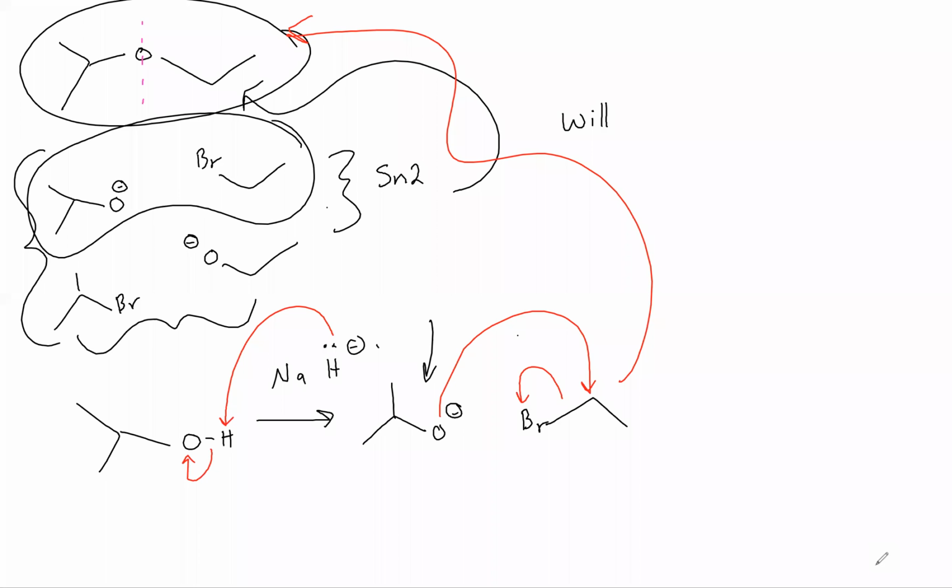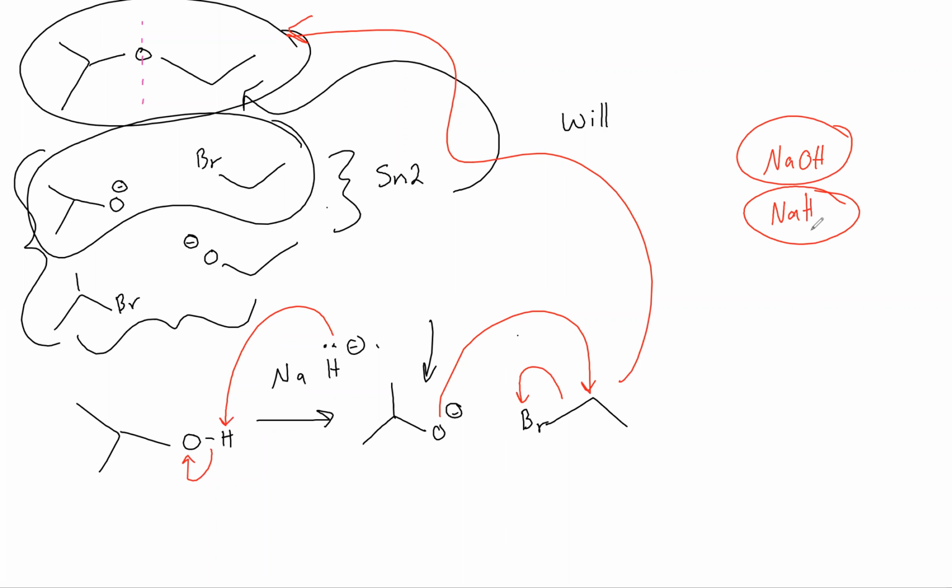Okay. So some people were asking when to use NaOH versus NaH in this case. When we're doing Williamson ether synthesis or any ether synthesis, basically, we're going to be using NaH over NaOH. When you guys are asking about using NaOH versus NaH, you're talking about cutting the ether in half.